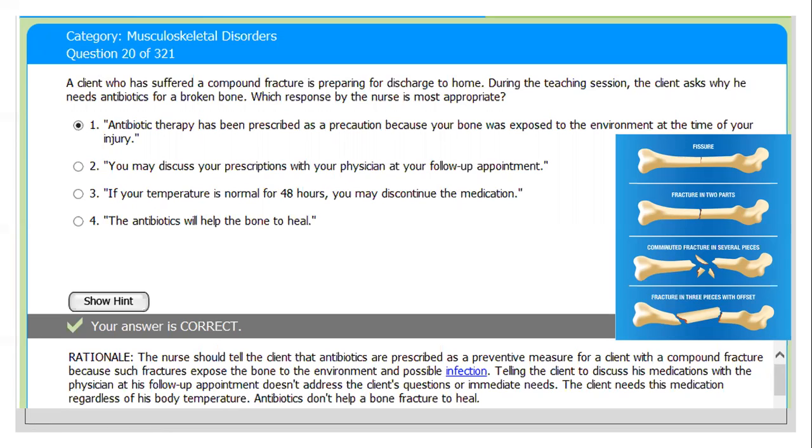So if a patient comes with a compound fracture like this, nursing care includes: the nurse should instruct the patient regarding the proper method to control the edema and pain, because this kind of patient also complains of edema and severe pain.